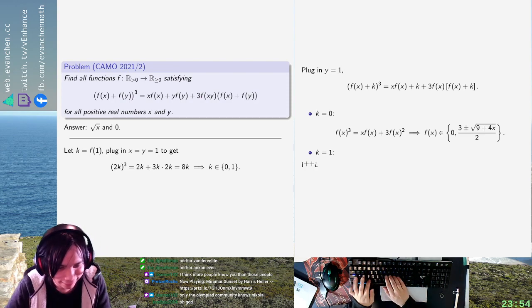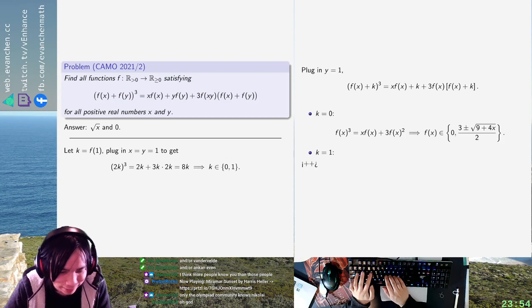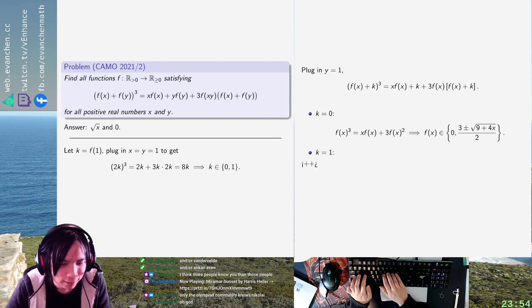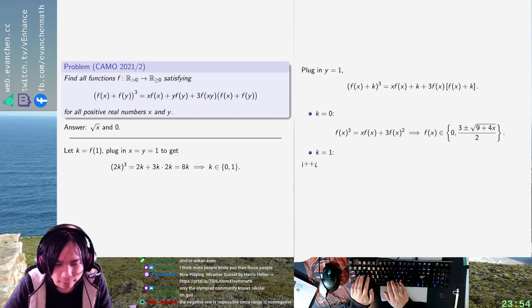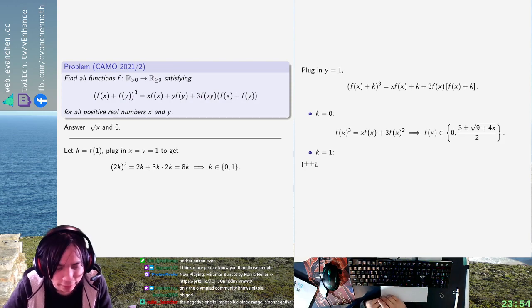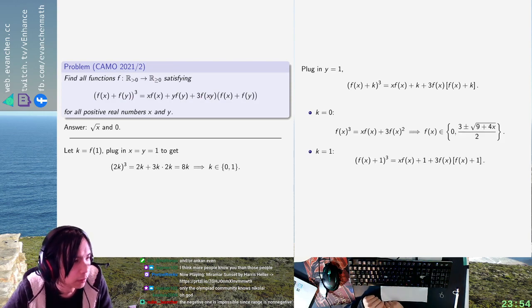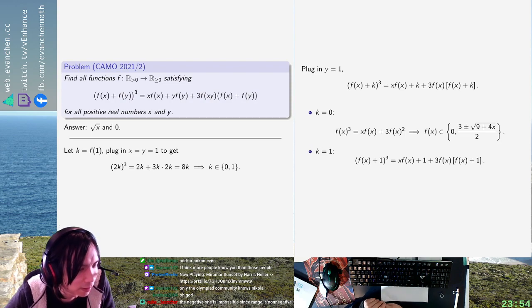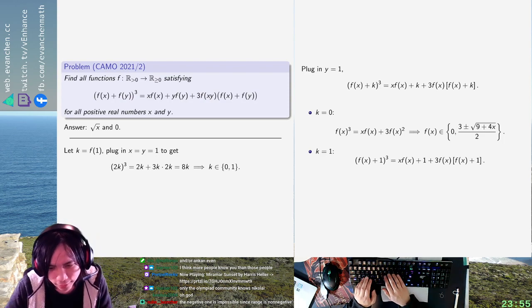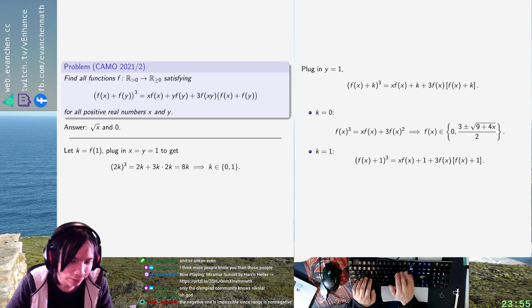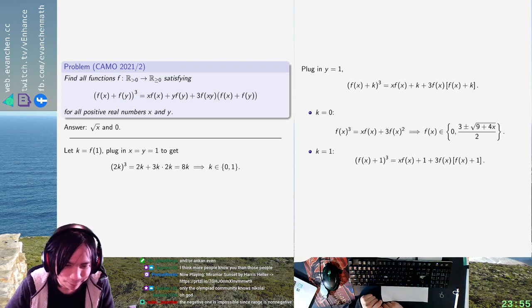Okay, let's see what k equals 1 gives. Maybe k equals 1 will be better because at least we know one of them is what we expect. Oh jeez, the 1 cancels. Is there going to be a solution which is 0 sometimes and x other times? Yeah, the negative solution is impossible. I was about to say for sufficiently large x it's always plus, but actually any non-negative x will work.